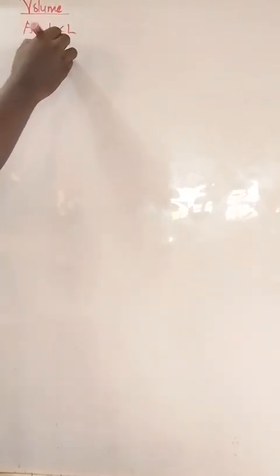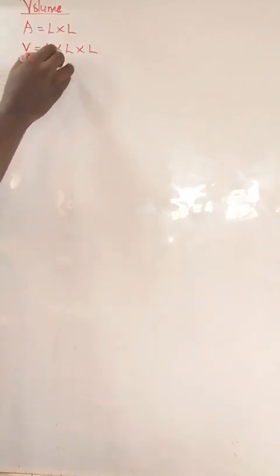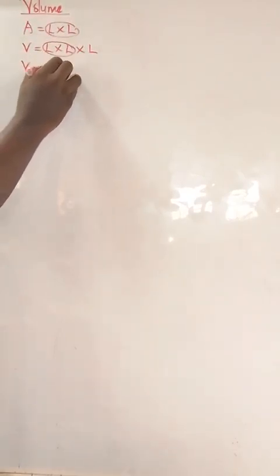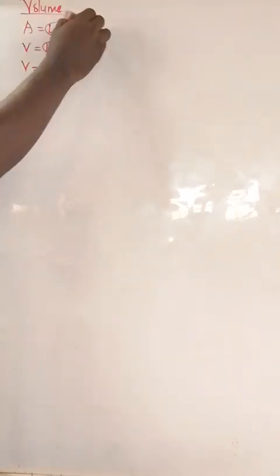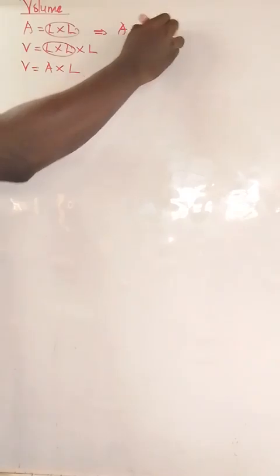Before we move further, you can tell me this. Area is length times length. The volume is length times length times length. And from here you can say volume equals area times length. So this is y times x. But what we actually use is that area equals the integral of y with little change in x.